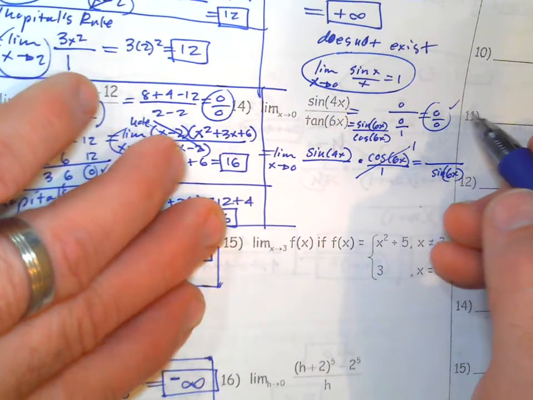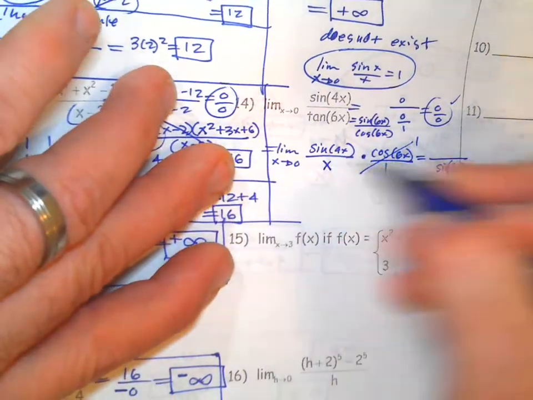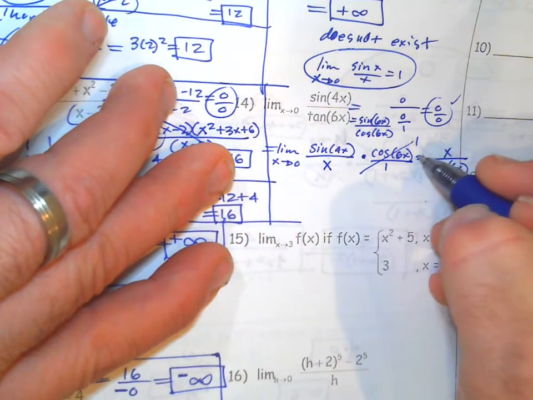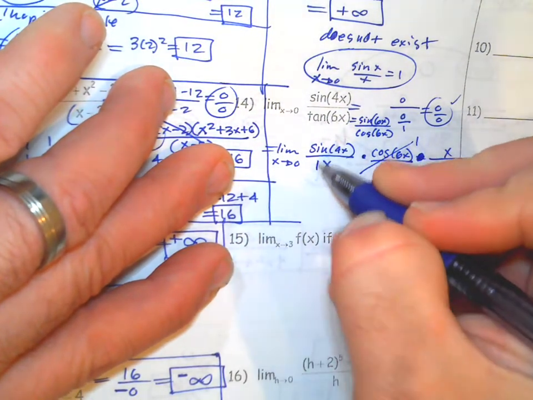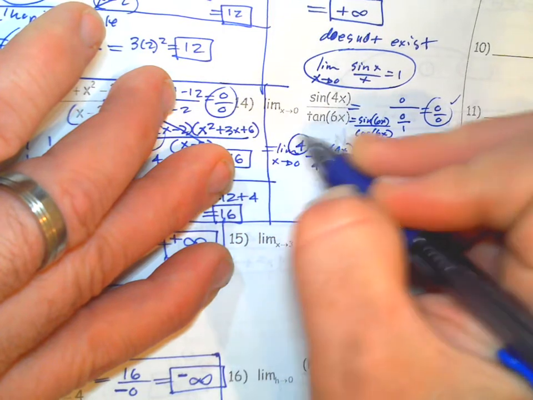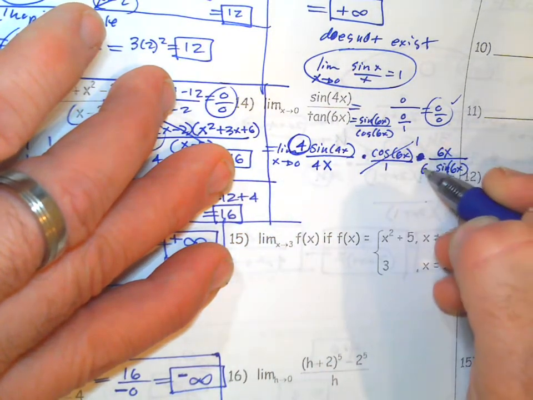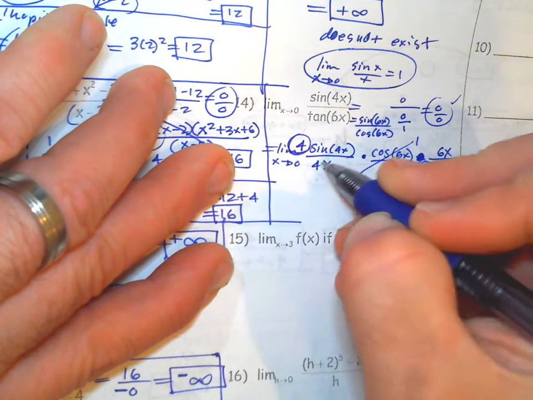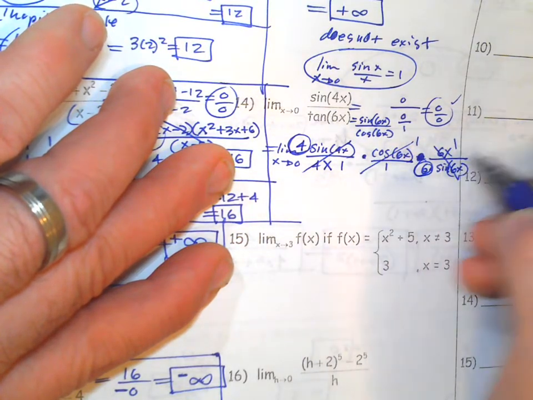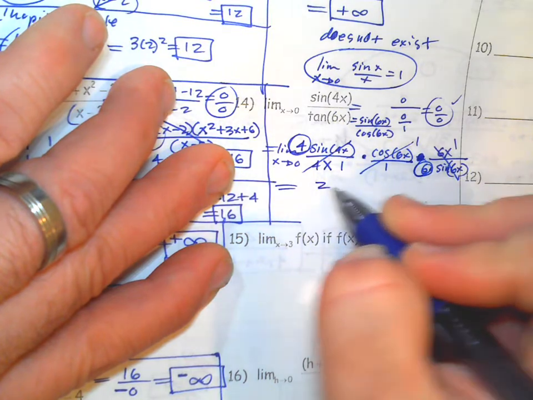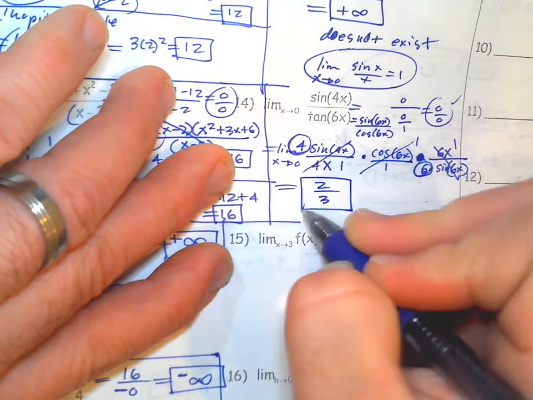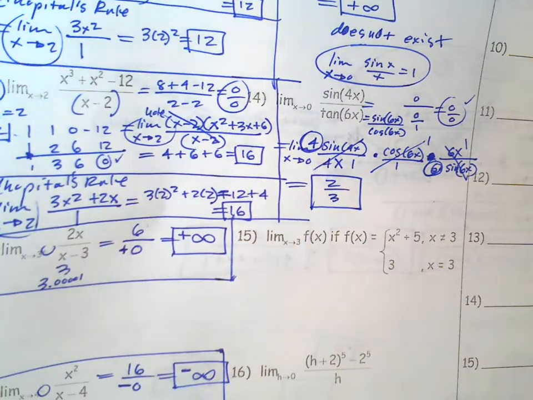Don't do anything with that one. But this guy needs an x, but this one does too, so they balance each other out. This one needs a 4, that one doesn't, so I need to balance out with an extra 4 up here. This one needs a 6, that one doesn't, so I'm going to balance out with the extra 6 down here. Now that's going to go to 1, that's going to go to 1, and you have 4 over 6 left over, which is 2/3. That's the kind of work I'm looking for.